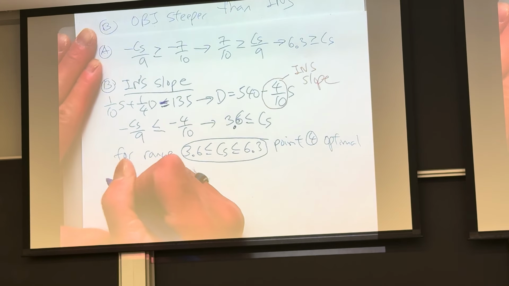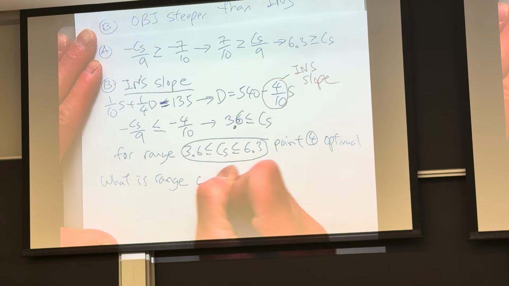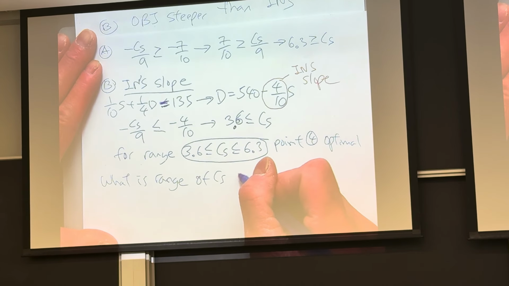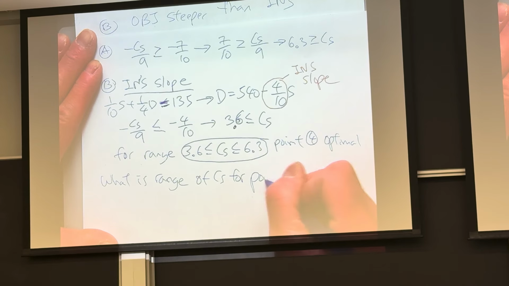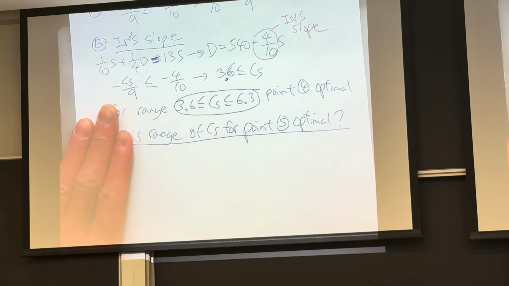Okay, then one more for you, the final point. What is the range of CS for 0.5 optimal? Okay, so let you try one more here.